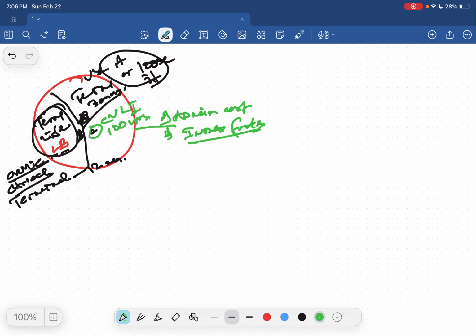What are index funds? These are things like the S&P 500, and global indices like the Nikkei, and different indices. Okay.